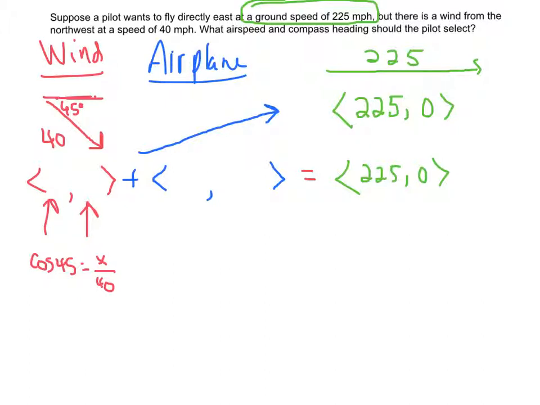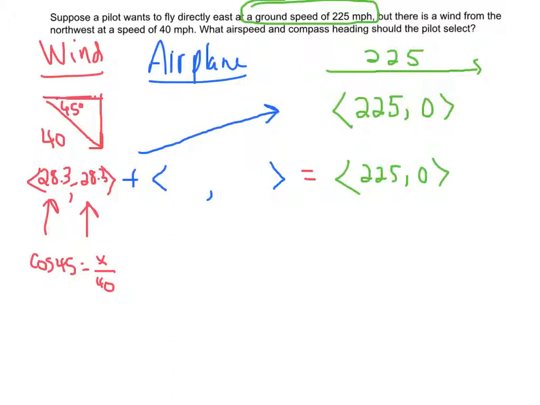So we'll say 28.3. And then the y value is also going to be 28.3, because it's a 45, 45, 90 triangle. It's going to be negative 28.3, because it's heading down in the southern direction, so that's why it'd be negative.